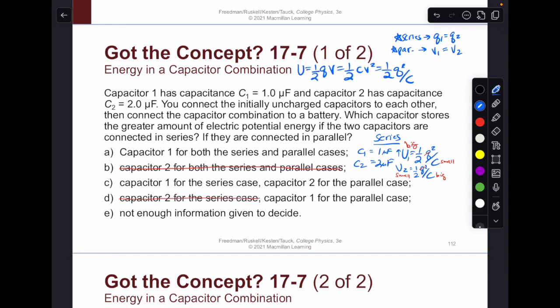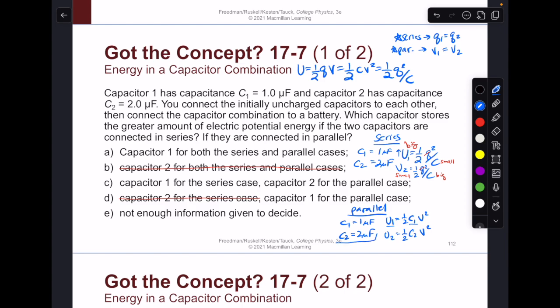So now let's compare the parallel case. C1 is 1 microfarad, C2 is 2 microfarads, and I'm going to use the other energy equation because I know that V is held constant. In other words, they're equal to each other. So I want to see that V, and I don't want to guess its dependence, right? So in this case, C is proportional to U. If C is big, then U is going to be big.